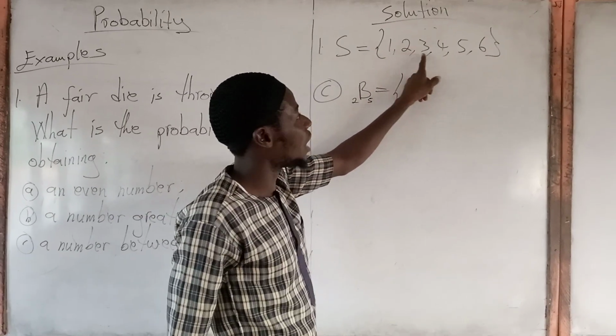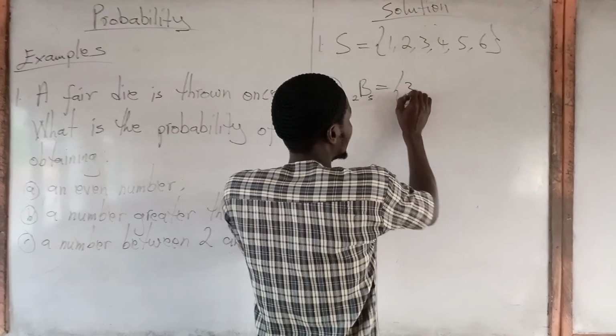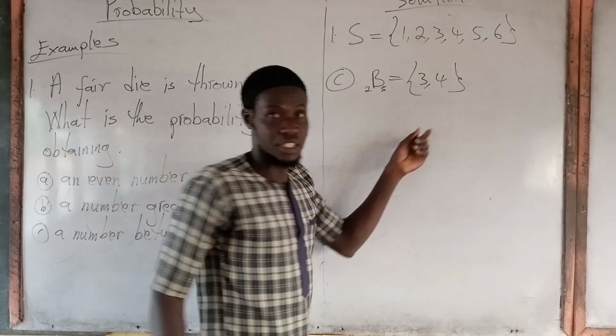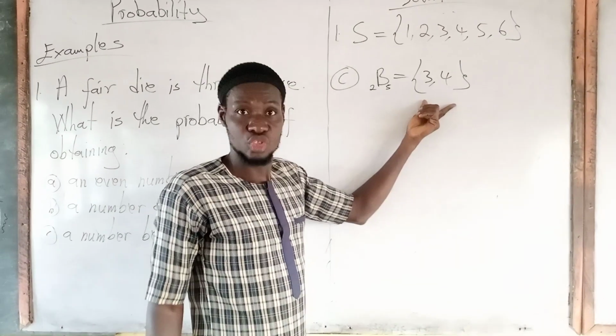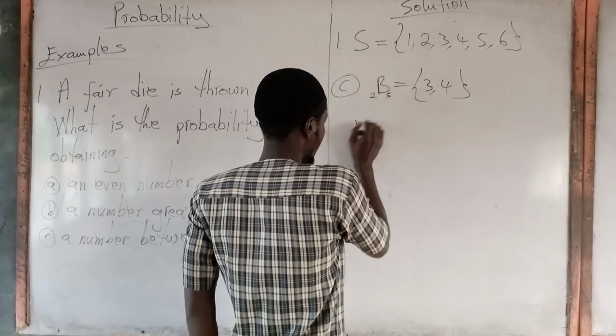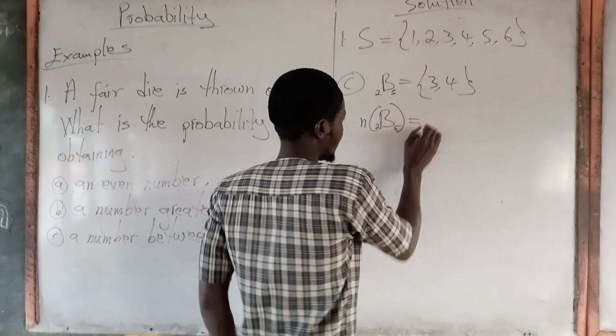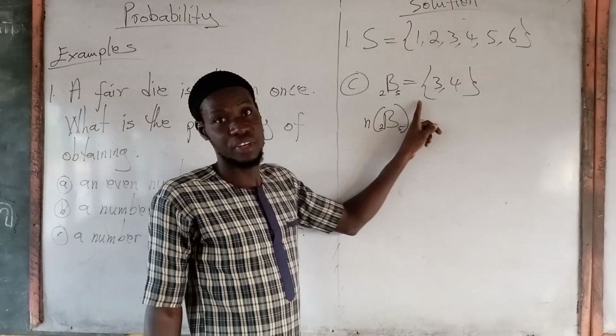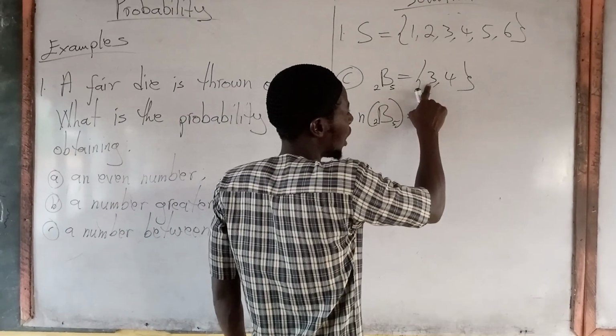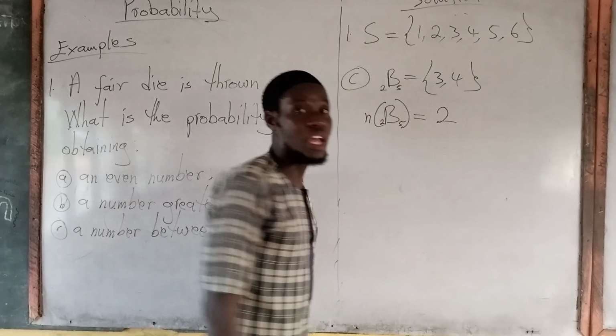From 2 we have 3 and 4. This is the set of numbers between 2 and 5. We then find the n of numbers between 2 and 5, that is the number of elements in this set. There are how many? 1 and 2. So there are 2 elements.